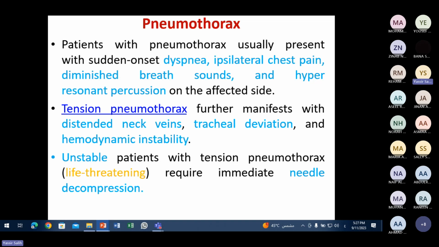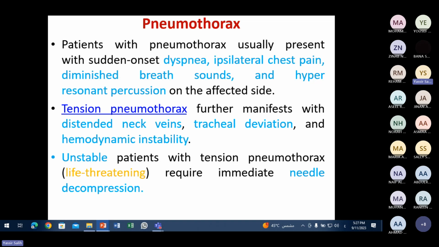It is a life-threatening condition. For any patient with suspected tension pneumothorax, what should be done immediately? Imagine you are in the ER and a patient comes with the symptoms we talked about: dizziness, distended neck veins, distress, and hyperresonance on examination.